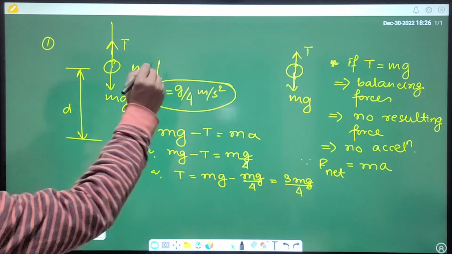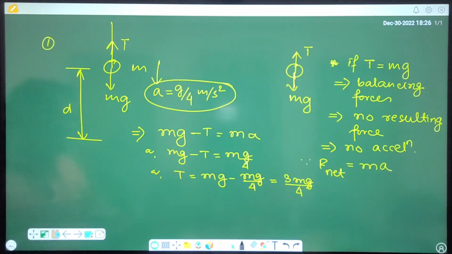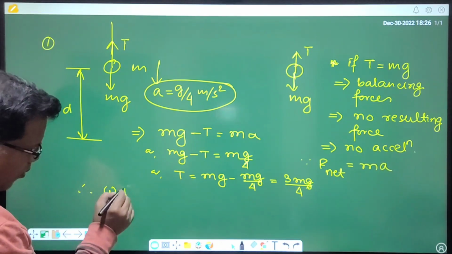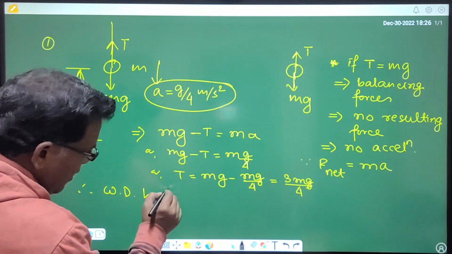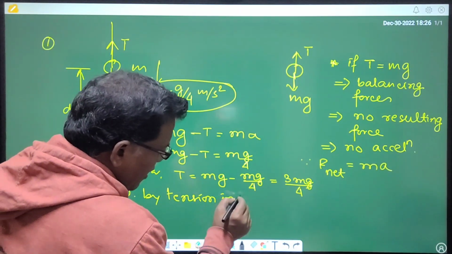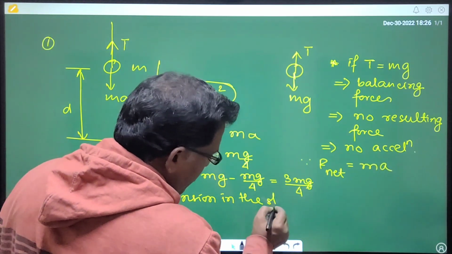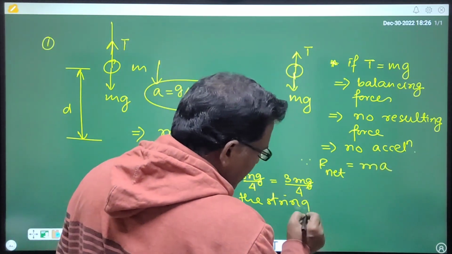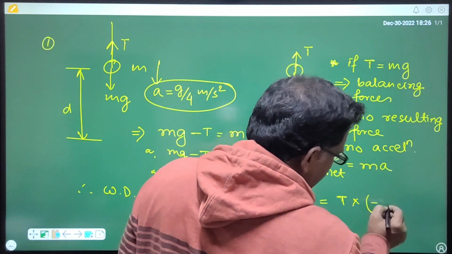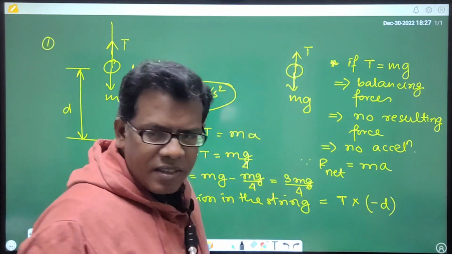And as the body is moving downward through a displacement d, I should write work done by tension in the string equals T into minus d. Why am I writing minus d?